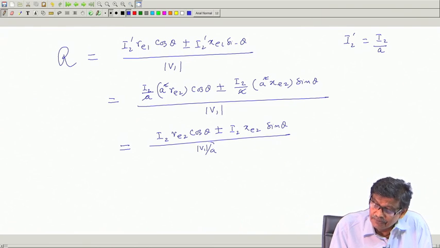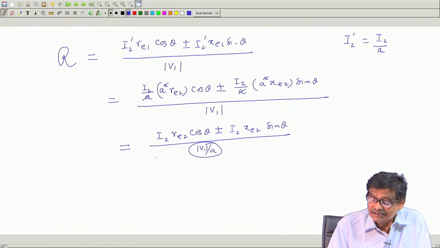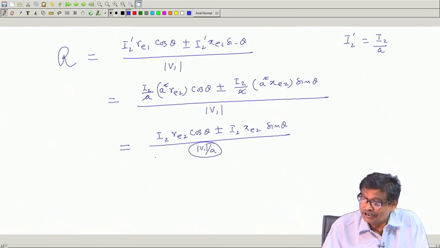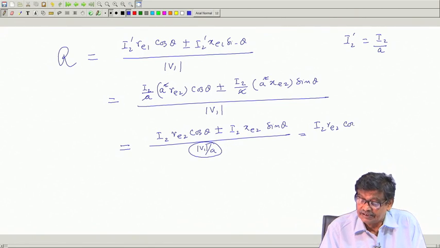And what is V1 by A? It is the no load voltage V20. So, this is the same as I2 Re2 cos theta plus minus I2 Xe2 sin theta, same expression, but the only thing you must be careful about is that this is V20.